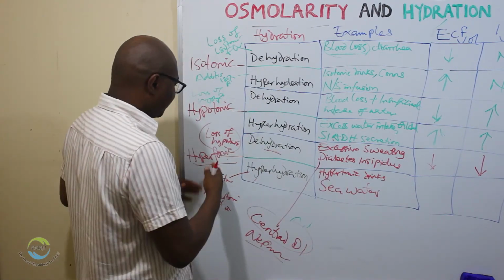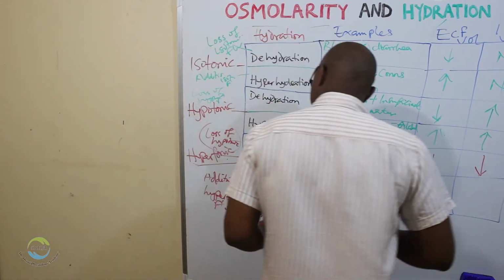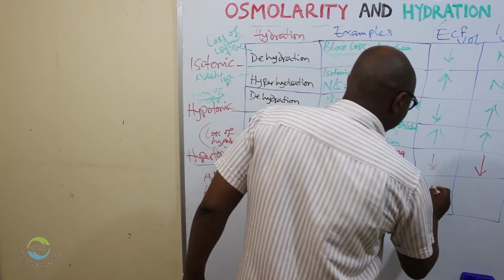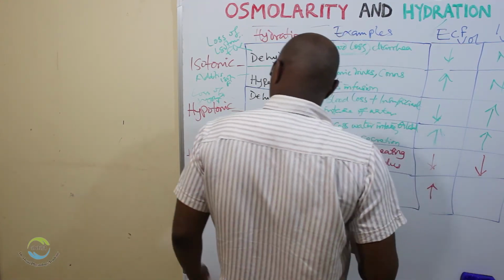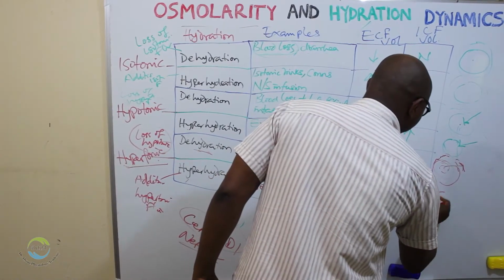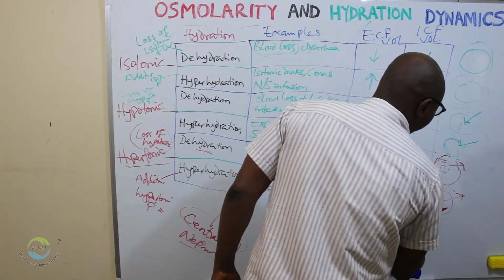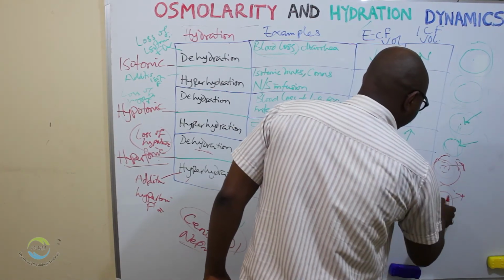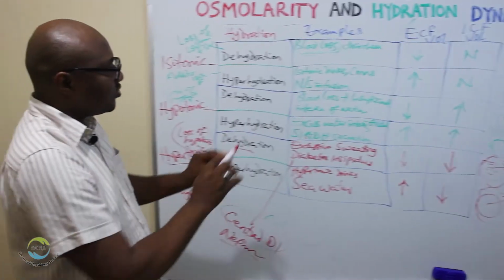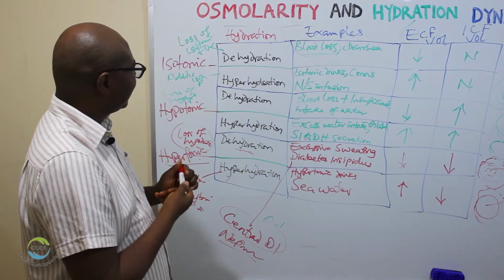Seawater, hypertonic drink will cause hypertonic hyperhydration. Okay? Since it is hyperhydration, ECF volume is up. Since it is hypertonic, the surrounding is higher. That means fluid is moving here. This will shrink. So ICF volume decreases. So this is what happens.